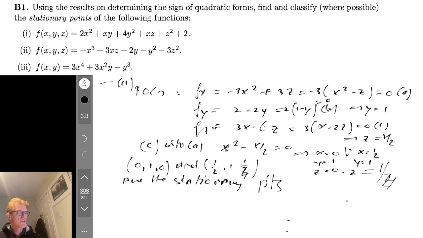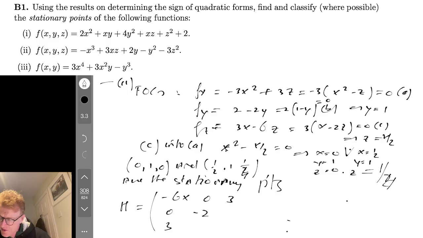Now we need the Hessian. So the Hessian is fxx, so it's minus 6x. fxy, that's 0, and then 3, 0, 3. Fyy is minus 2, 0. Fyz is 0, and this is minus 6.